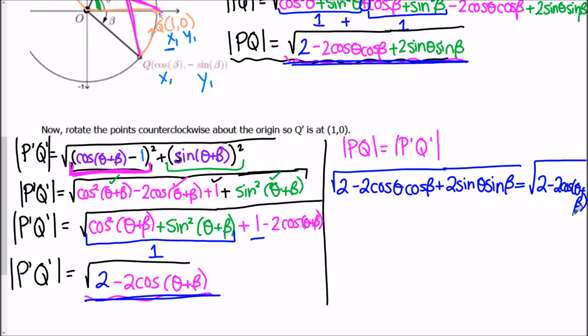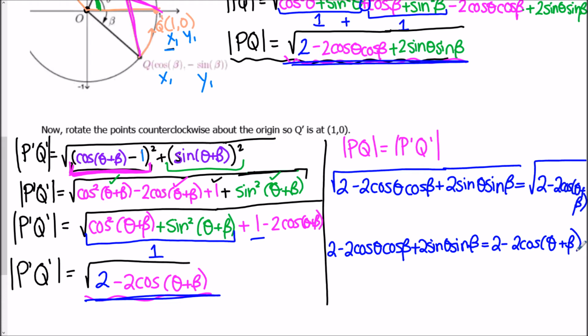Okay, so now I can square root both sides, get rid of the square root. So I end up getting 2 minus 2 cosine theta cosine beta plus 2 sine theta sine beta is equal to 2 minus 2 cosine theta plus beta.